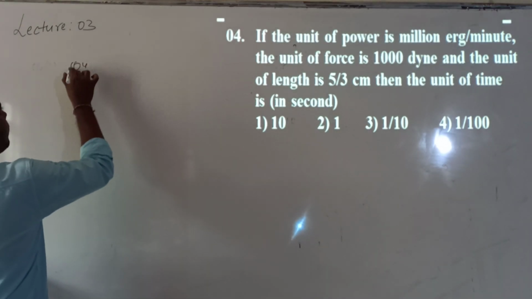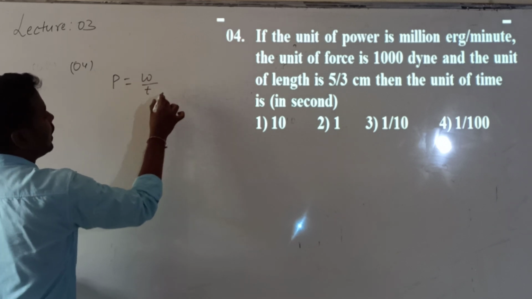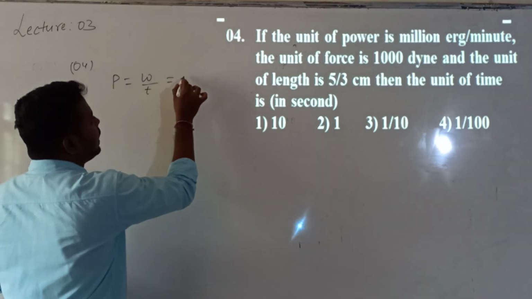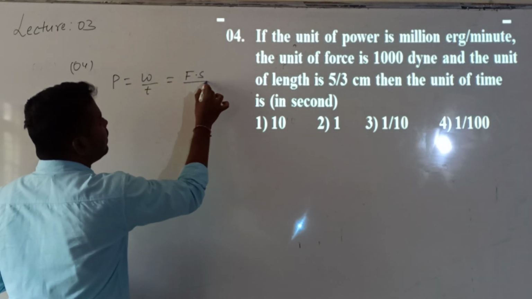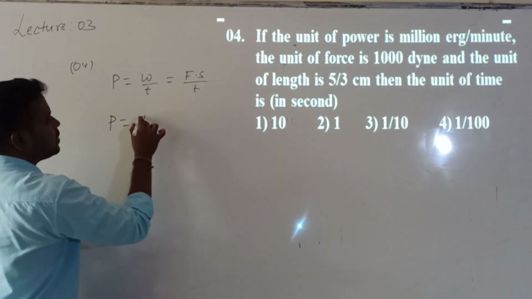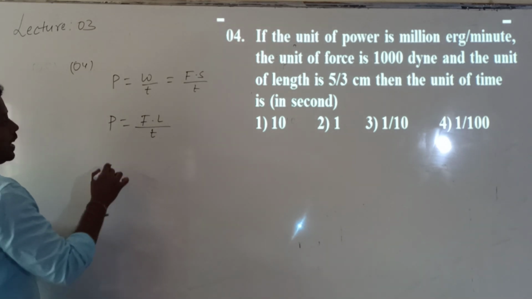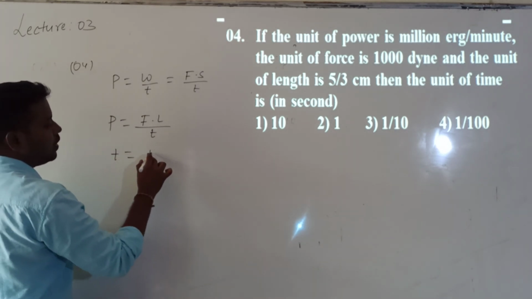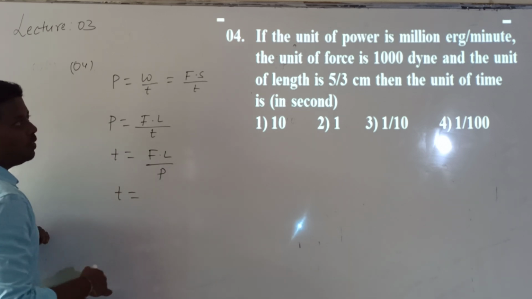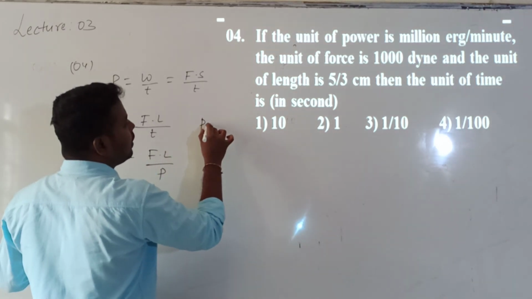Question number 4. What is power? Power is the rate of work done by time. Work done can be written as force into displacement by time. So force into displacement, I can write as length, by time. Taking T as the subject, T is equal to F into L by P. What is the power they gave?